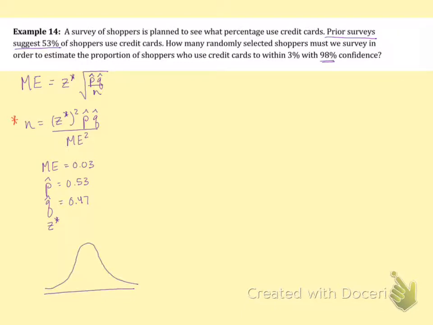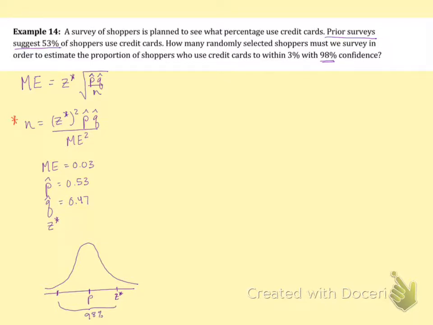Then if this is the population proportion, then z star is this z-score such that this here is the central 98%.